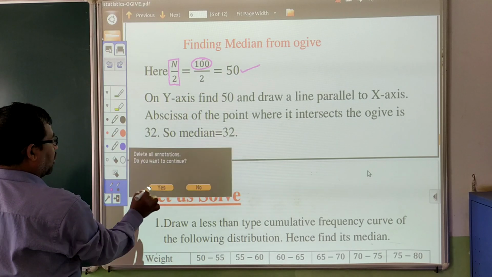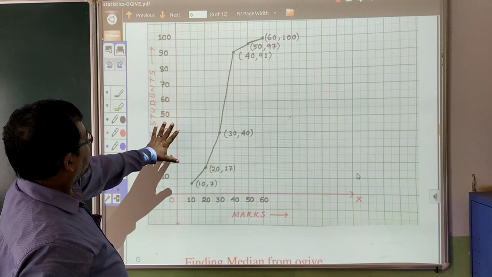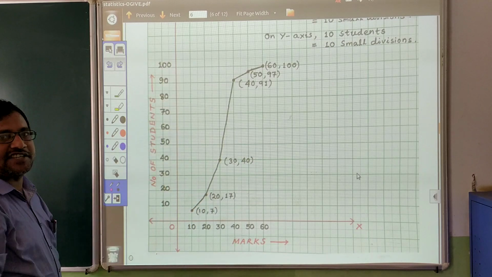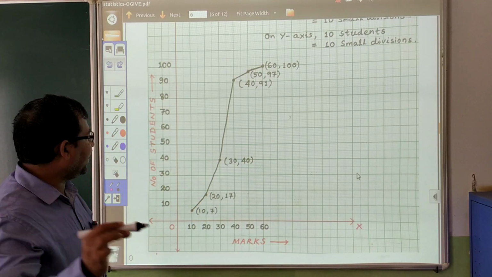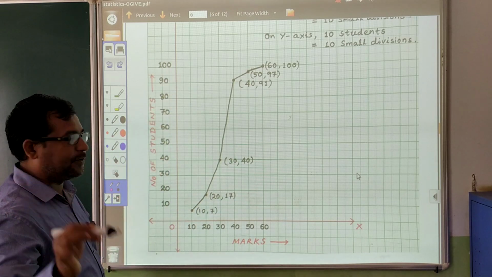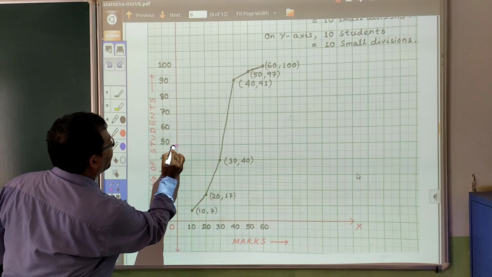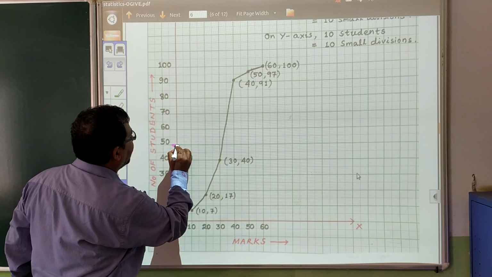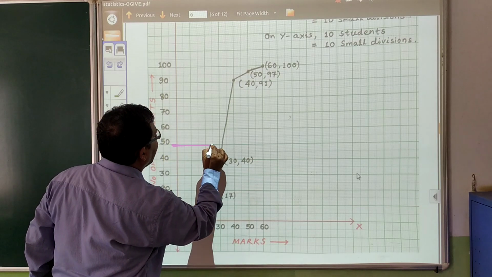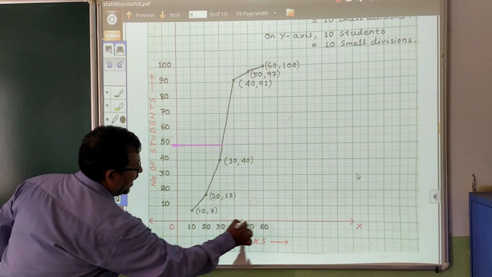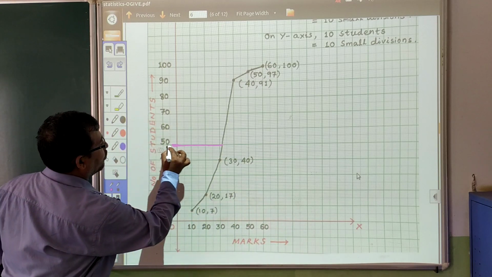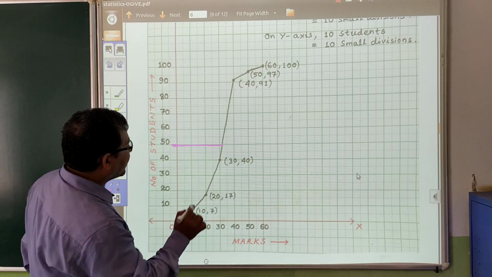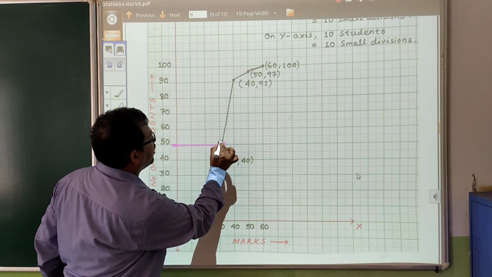Now I will again go to the graph. Just here, you see, I will search where is 50 on y-axis. So here it is 50. Then what I will do? I will draw a line parallel with x-axis. This is x-axis. And I will see where it touches the ogive.